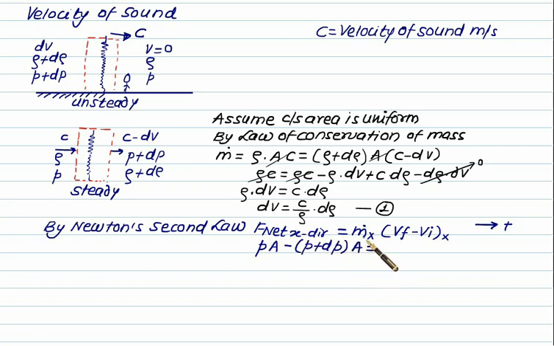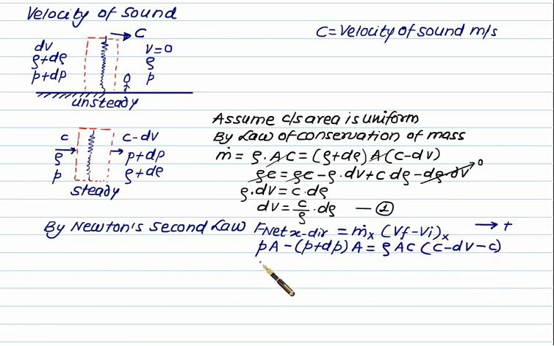For the mass flow rate, you can use any of these equations. I will prefer the first equation, which is a simplified form, that is the density multiplied by area multiplied by c. The final velocity here is c minus dv, and the initial velocity here is c.